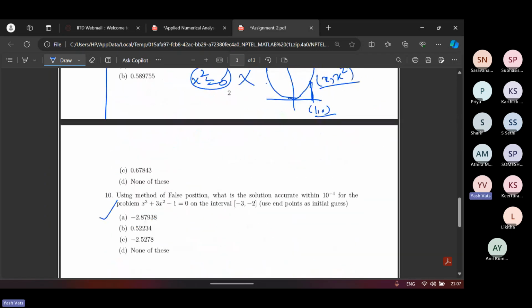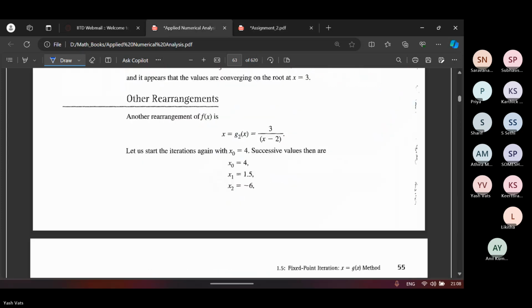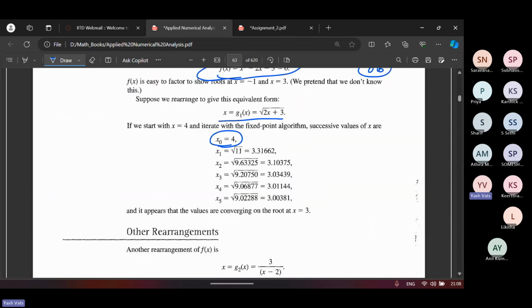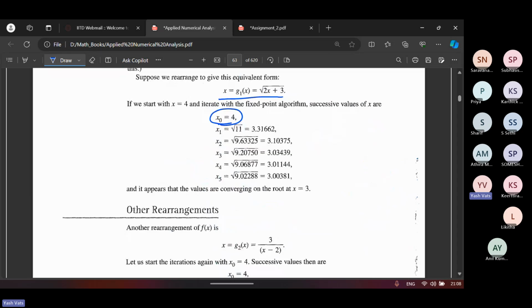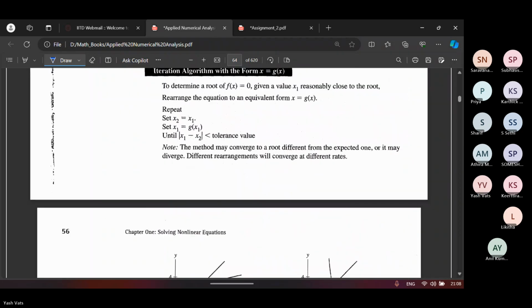Okay, I can explain more about this fixed point iteration method. So I give you a function and tell me what are the possible rearrangements of that.